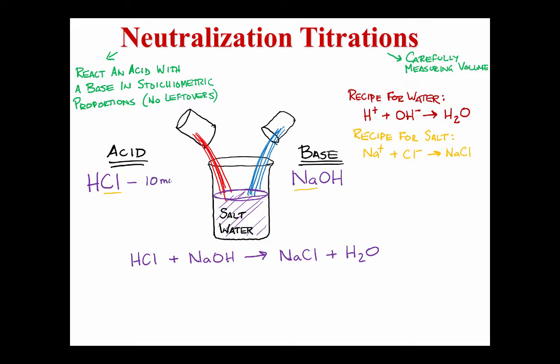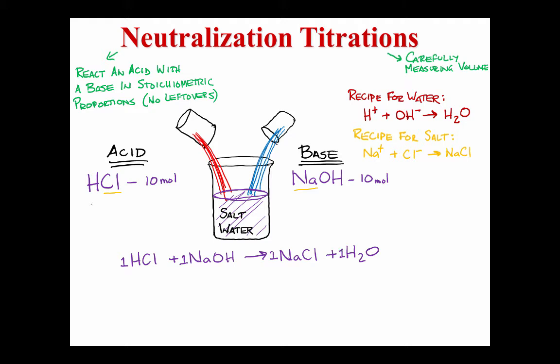If I had 10 moles of acid and reacted these with 10 moles of base, the two would run out at the same time, perfectly neutralizing each other. A look at the equation helps us understand why this is the case. You see, every 1 mole of acid will react with 1 mole of base. This produces a mole of salt and a mole of water.